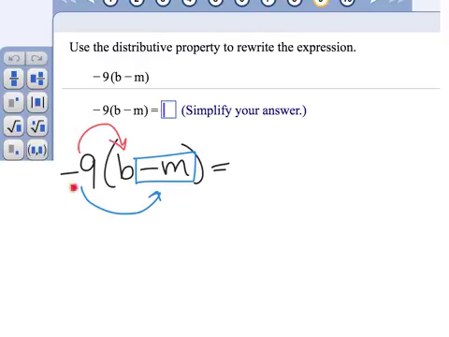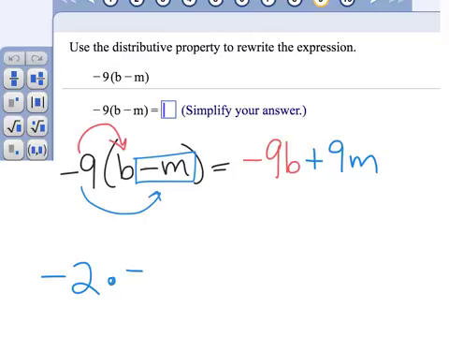And so negative 9 times b gives you negative 9b. And then negative 9 times negative m gives you a positive 9m. Because remember, when you multiply two negatives, you get a positive number.